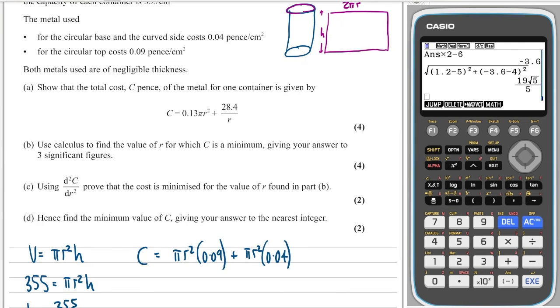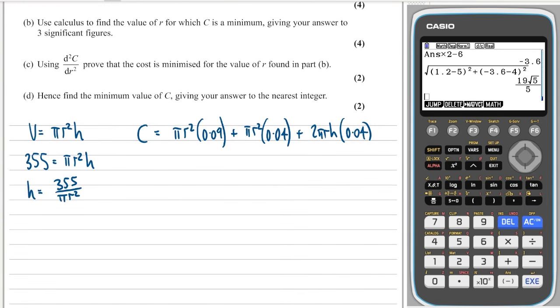So the curved surface area will be 2 pi r times h, and that is made from the cheaper material, so that's times 0.04. Okay, great.